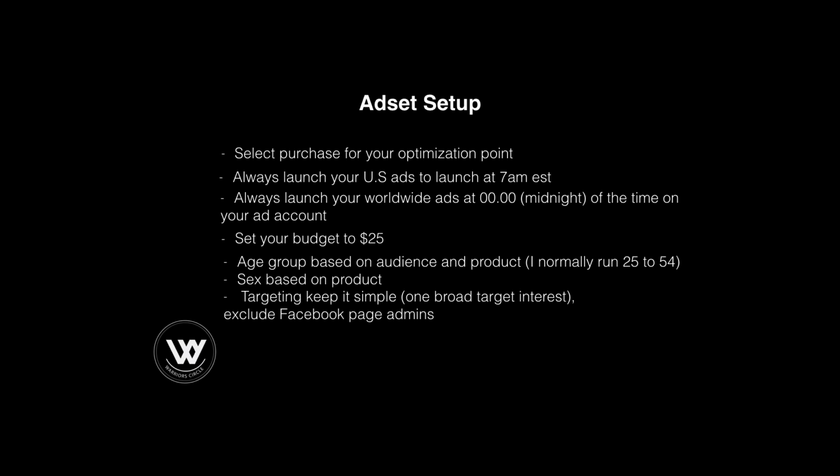I want a product that a lot of people need, therefore it allows me to target a broader audience, therefore allows me to scale up my campaigns as quickly as I can because I have a larger audience to scale to. It's harder to scale up campaigns if you have a 100,000 audience size or 200,000 or half a million or a million size audience.